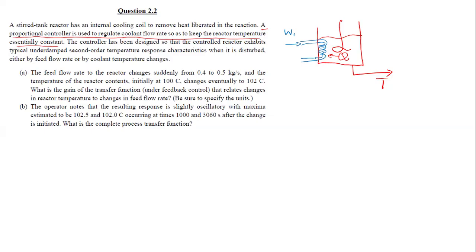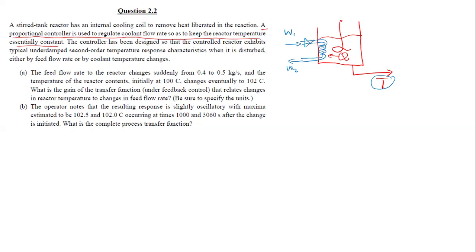Therefore, the water that leaves on this side of the coil will be a little bit warmer compared to W1. So now we have W2 that leaves, which is a little bit warmer than that one, because there was a heat exchange between the cold water and the hot solution, right? So how are we going to control this? We use the valve over there.